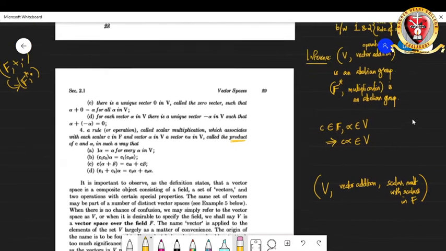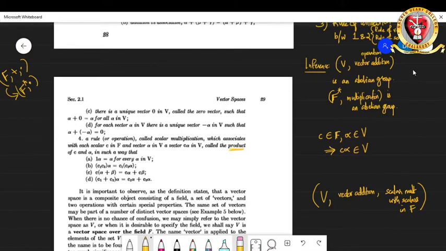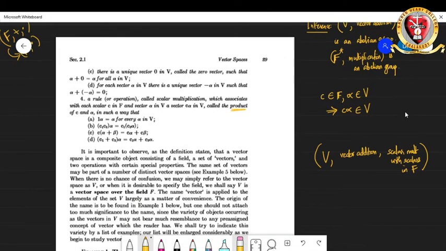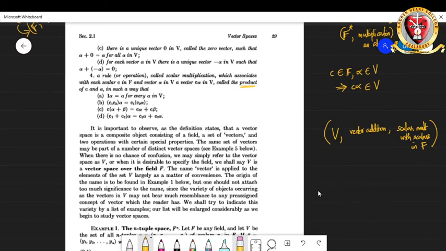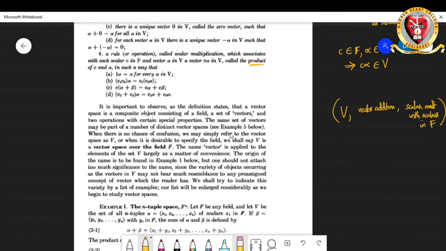This is obviously true. And let's see how we get some more idea about these vector spaces.